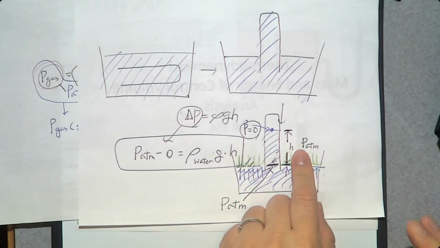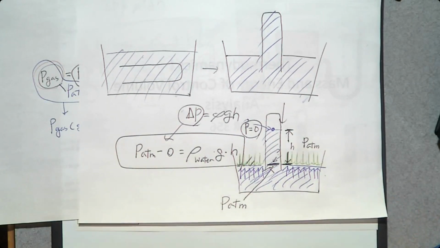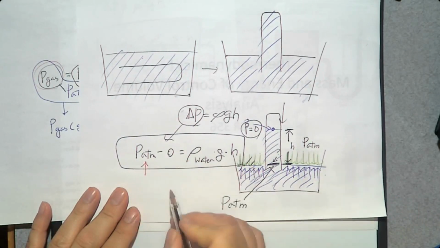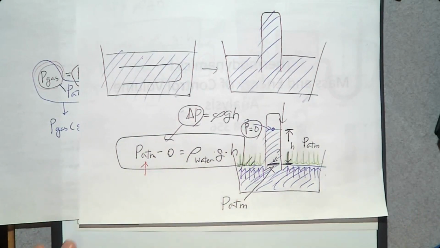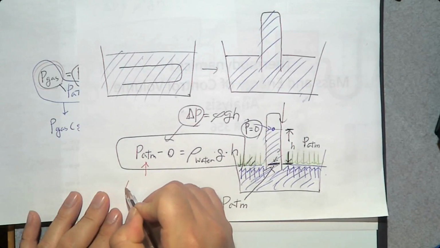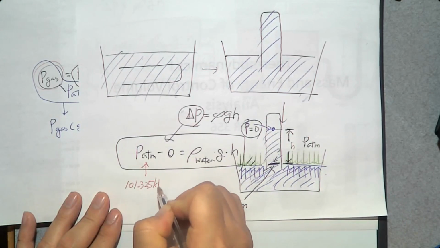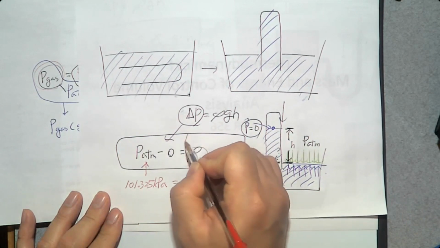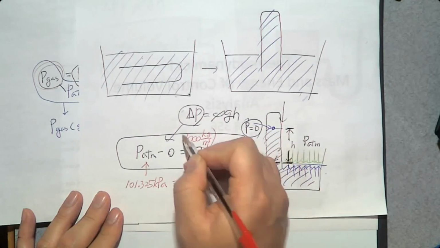Since we don't know h, and we know what the atmospheric pressure is in Mount Pleasant, let's approximately calculate the h if you make a barometer. So the atmospheric pressure is going to be 101.325 kilopascal. Then density of water is going to be 1,000 kilogram per cubic meter.